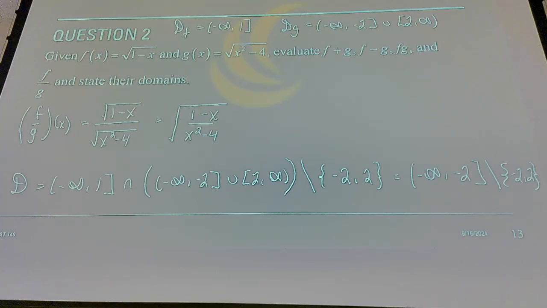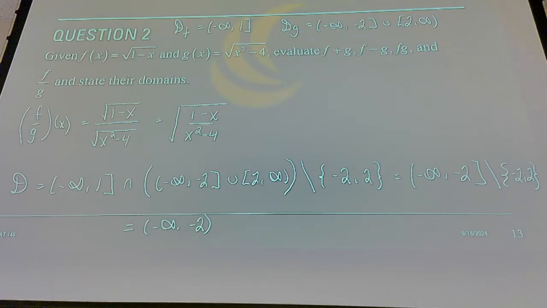So again, here's how set subtraction works, because now we don't have an empty set. Look at your first set, -∞ to -2. Is -2 in it? Remove it. Is +2 in it? Then we don't need to do anything. That's the domain. So it's just still the same? They're not the same.